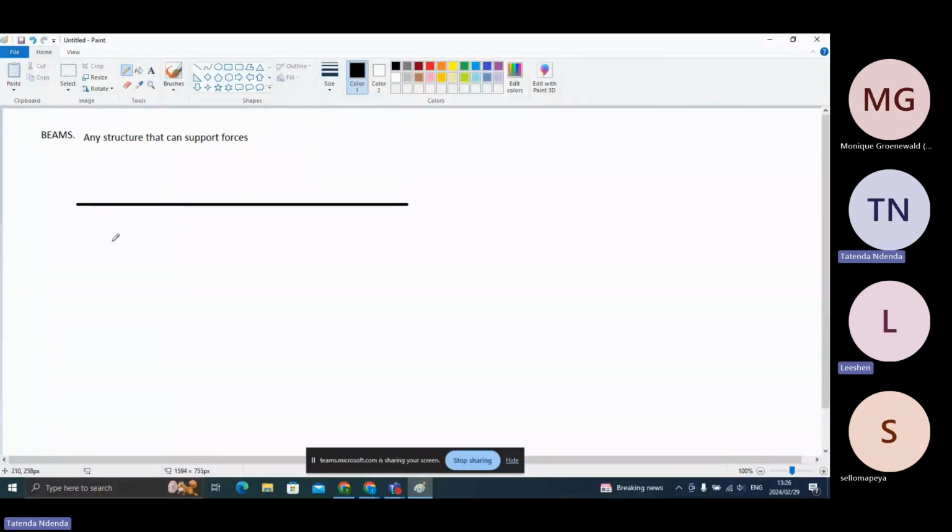So let's say, for example, here I'm having this force going up like this, and also another force going up like this. So here we're having a load. Let's say this is a car that is traveling here, right? We're having a small car that is moving here.